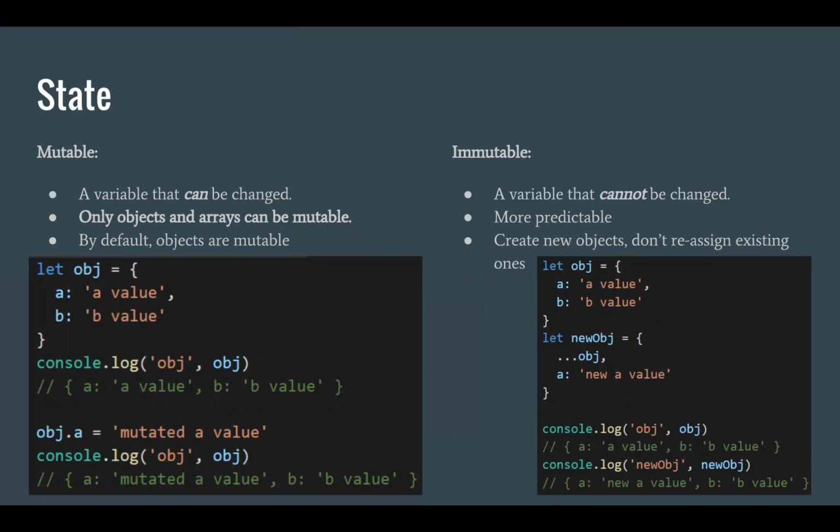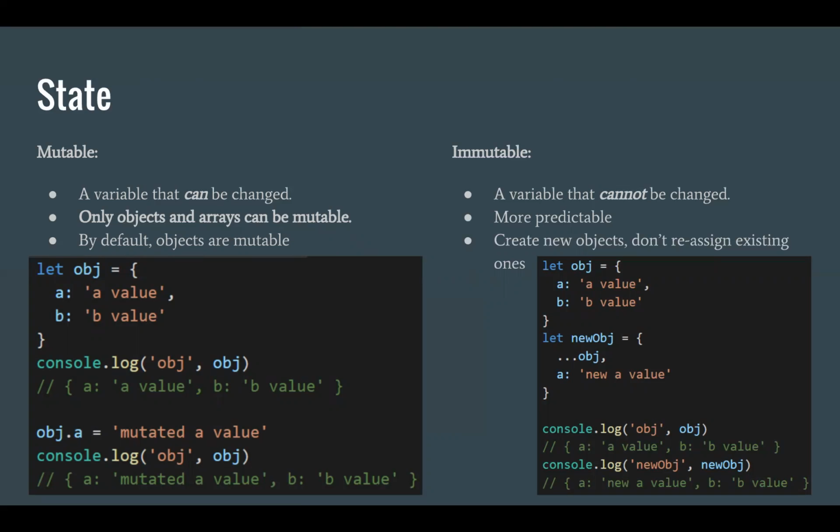So if we create a new object that has the properties a and b, and then we call obj, which is the name of the variable, .a, and assign it to a new string value, anything that pointed to that original object is also going to point to that new value.